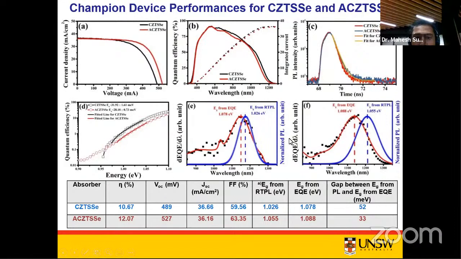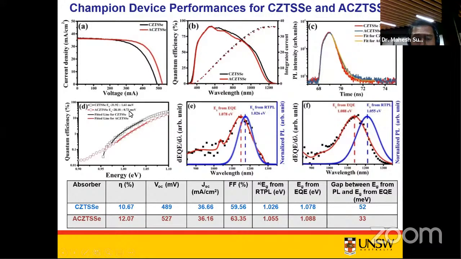We also further carried out the Urbach tail energy analysis to support these observations. So Urbach tail energy values were calculated to be 31.92 millielectron volt and 28.18 millielectron volt in the CZTSSe and the Ag-alloyed CZTSSe thin film solar cells respectively.